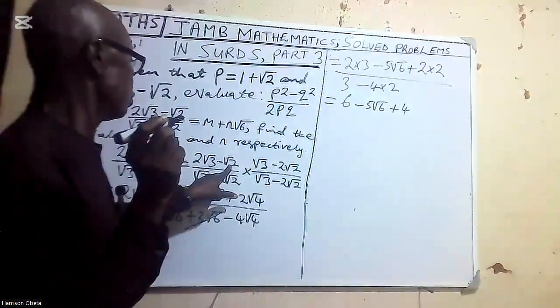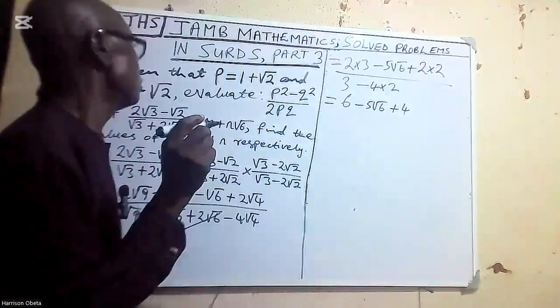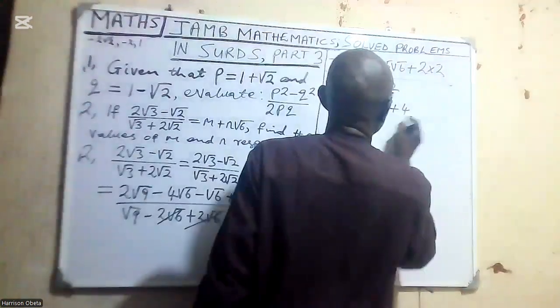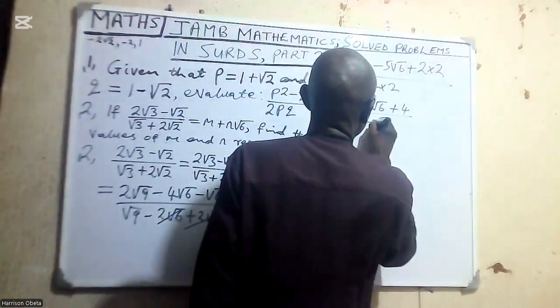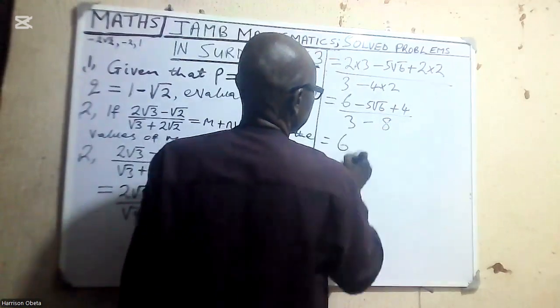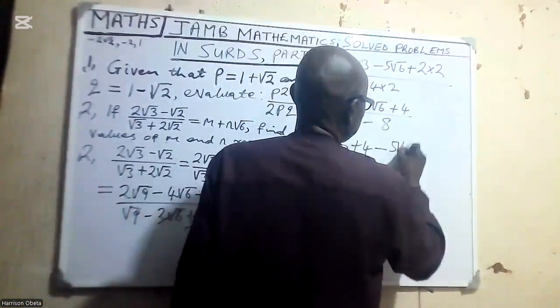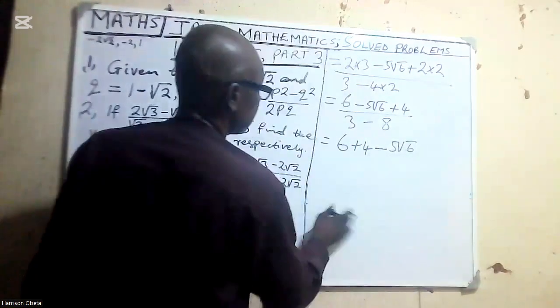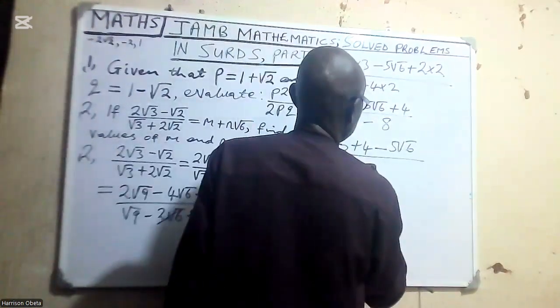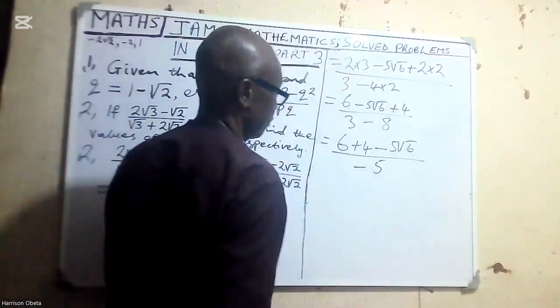Minus 2 root 2 times minus this will give us plus 2 root 4. So all over 3 minus 8. And that will give us 6 plus 4 minus 5 root 6 all over minus 5, because 3 minus 8 is minus 5.